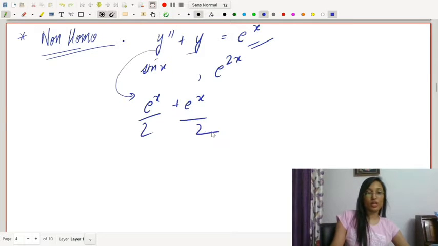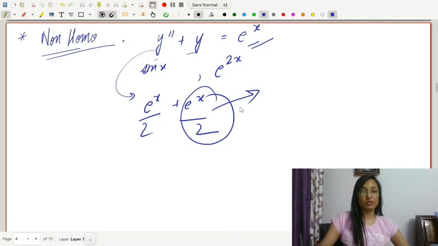Therefore it would be e^x by 2. तो ये हमारे पास इसका एक पर्टिकुलर सोल्यूशन होगा.